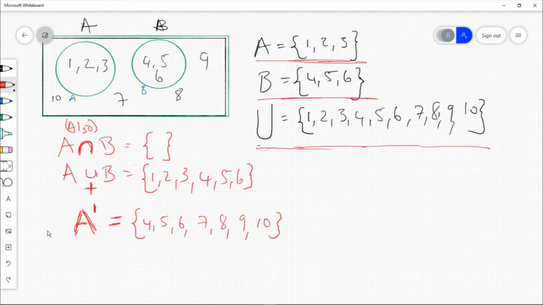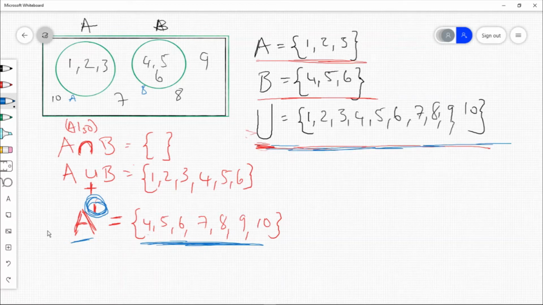Why? Because they are elements that are part of the universal set but are not in A. Let me use another color. This little sign here will then tell us that the following elements are not in A, right? So ultimately that's what we are dealing with.